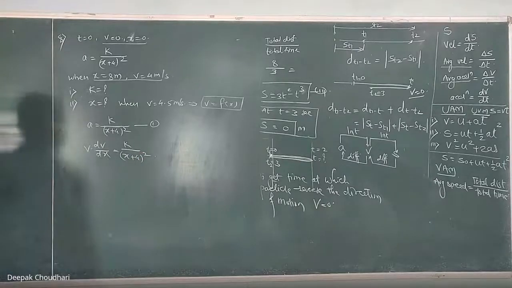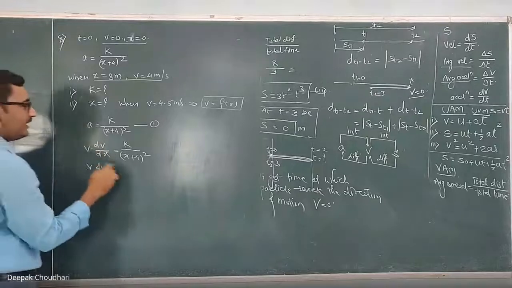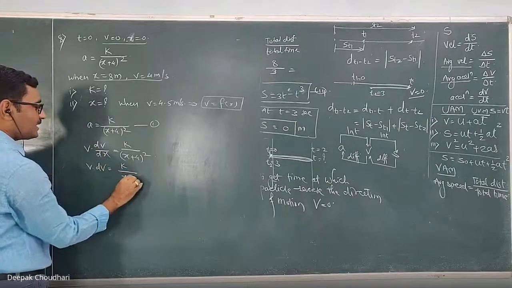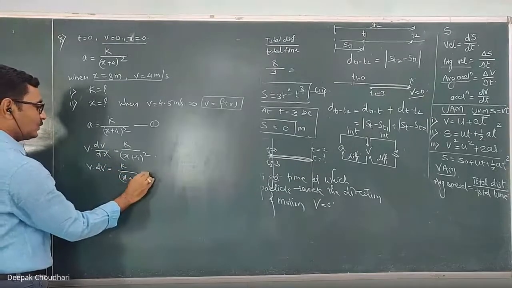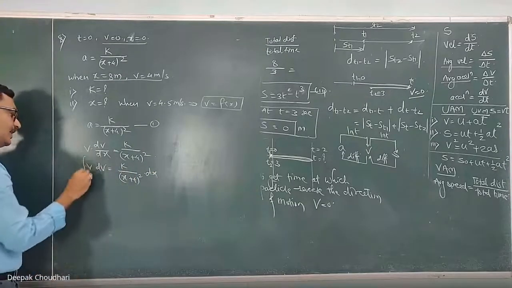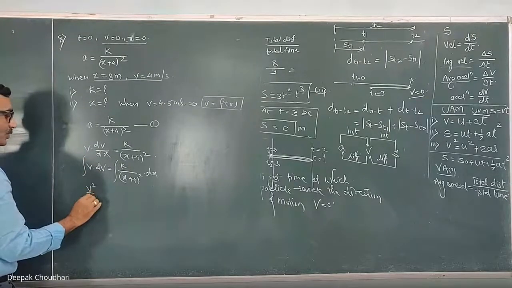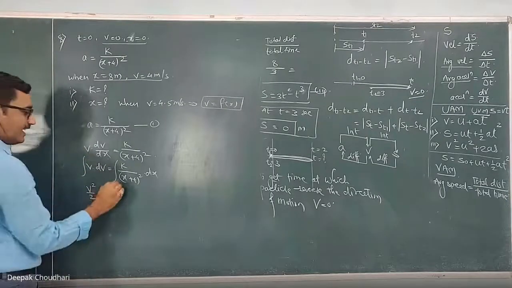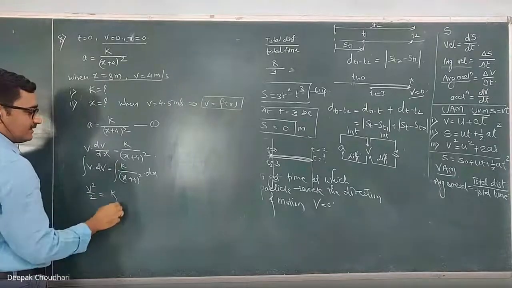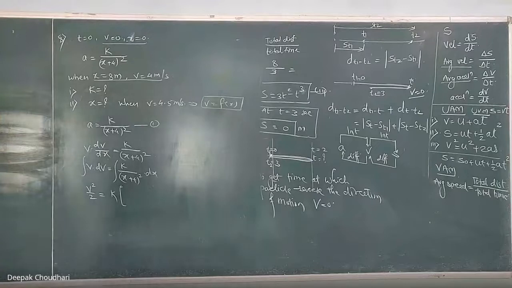Now separate the variables. If I separate the variables, it is v into dv equal to k upon (x plus 4) whole square into dx. X का term एक side में लिया, v का term एक side में लिया. Now integrating. Integration of v into dv is v square upon 2 equal to, here k is constant, I am taking it outside, so it is integration of 1 upon (x plus 4) whole square. Tell me.